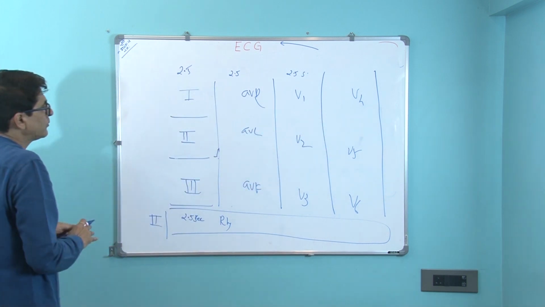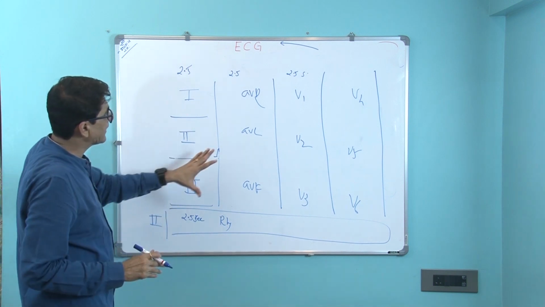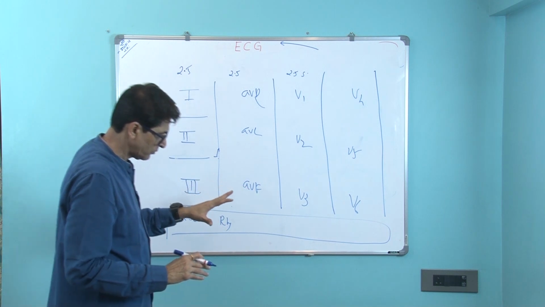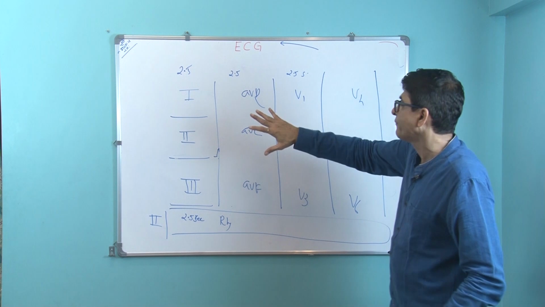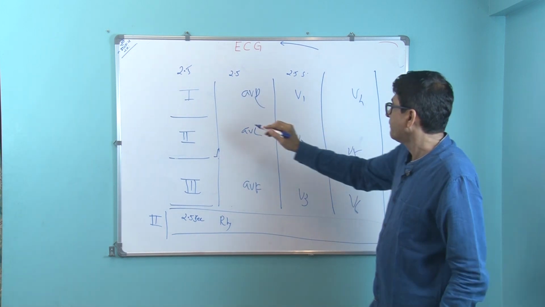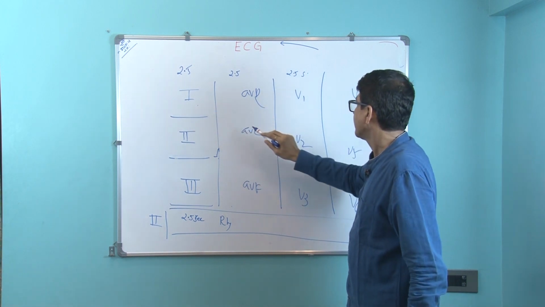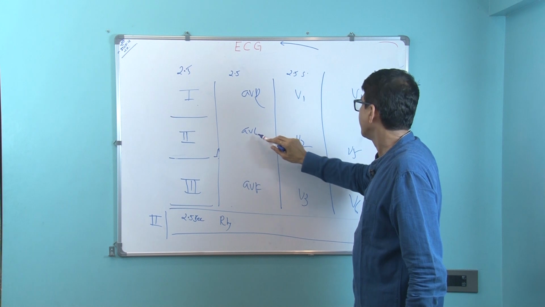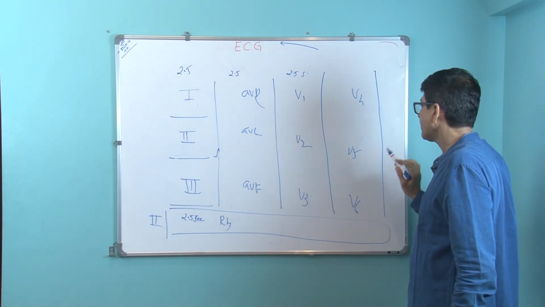Why did I draw this diagram? Because this diagram will make it easier to know which lead is oriented to which face of the heart. Suppose lead 1, AVL and V5, V6, these are lateral oriented leads.